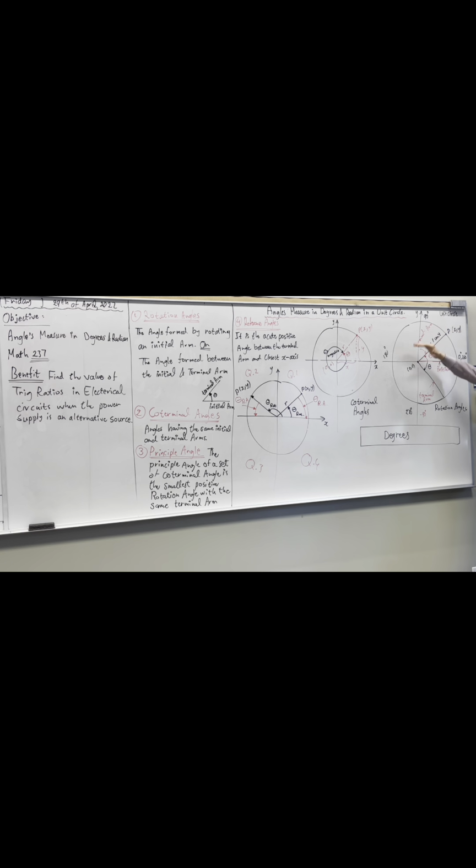Now, if we rotate in the other direction, we count the 0 as it is, but this is going to be minus 90 if it's clockwise, and this is going to be minus 180, and this is going to be minus 270, and this is going to be minus 360. This is the rotation angle.